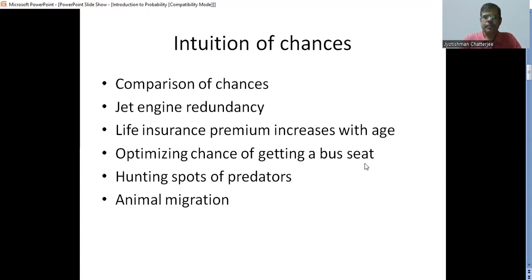So, intuition of chances. After having talked about the statements which are sometimes true and sometimes not, natural question is, what is the chance of such statements being true or such events holding? What's the chance of such events holding?